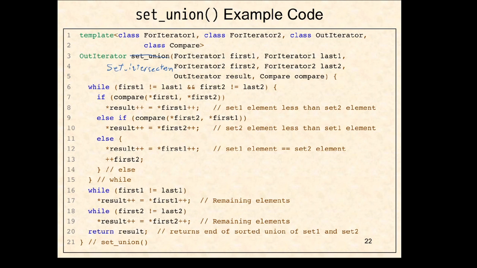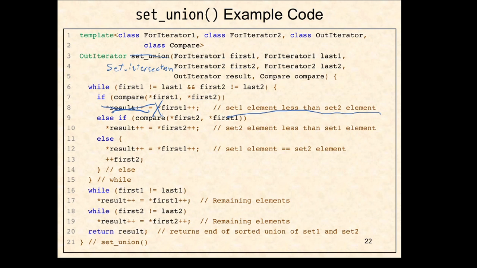So when we get set 1 element is less than set 2 element, when we're doing set intersection, do I want to send that to the output? No, I don't want to send it to the output. I don't want to change the output at all. Therefore, I don't need to read from it. All I have to do is increment first one.